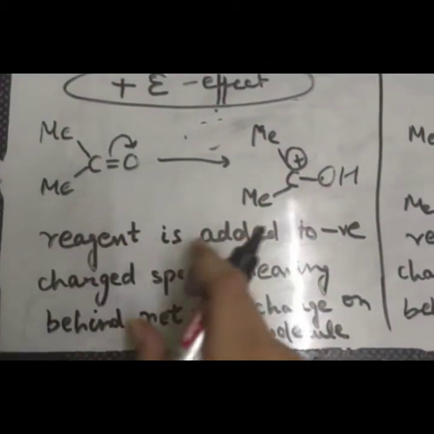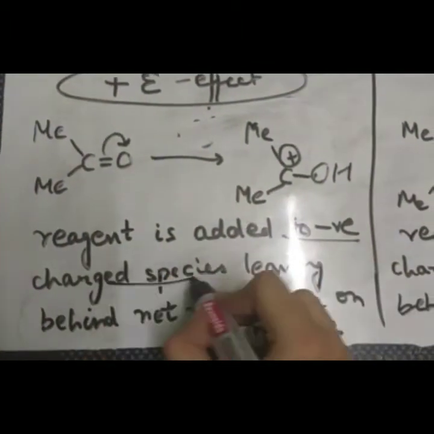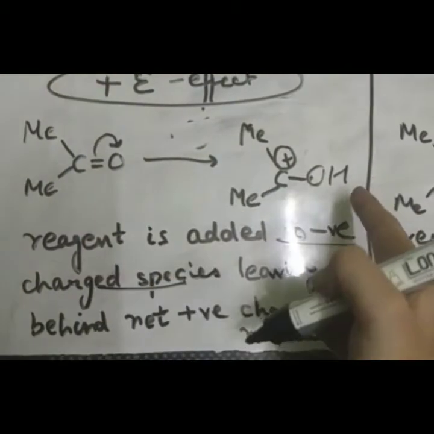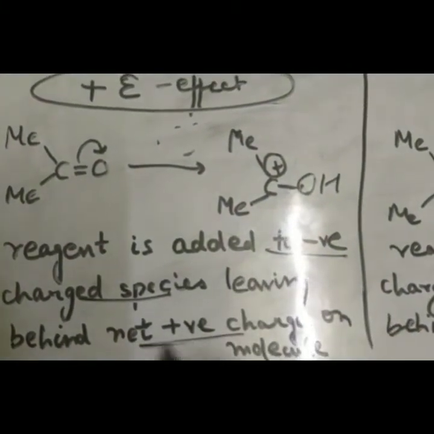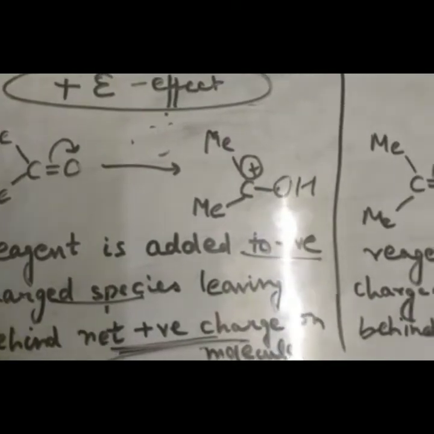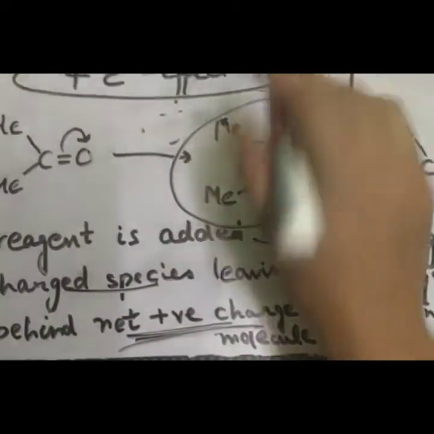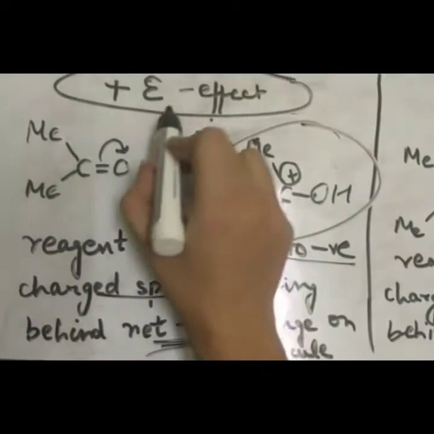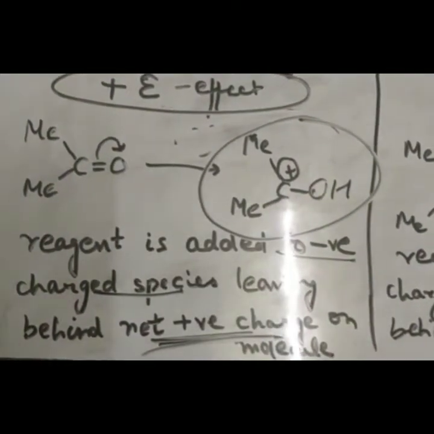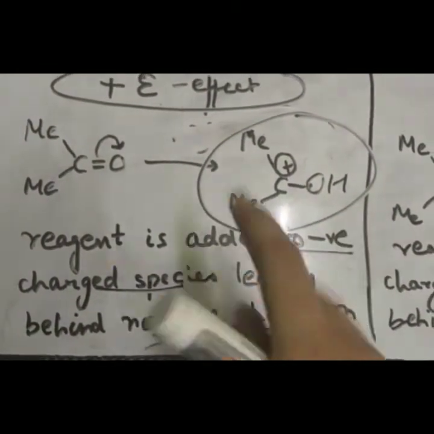The reagent is added to the negatively charged O, leaving behind a net positive charge on the molecule. So this type of effect is plus E effect. Also we can say the effect in which an electrophile is added to the molecule is plus E effect.